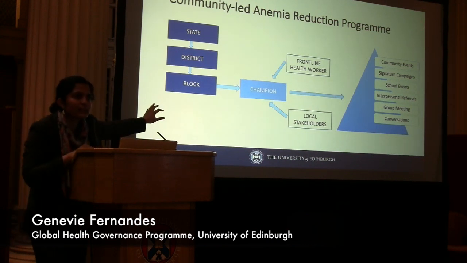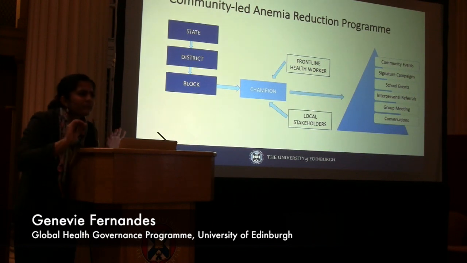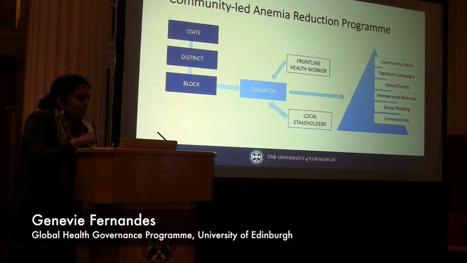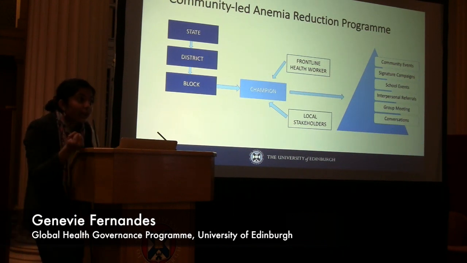So these local leaders were simple people from villages. They were teachers, sports coaches, barbers, tailors, grocery shop owners, could be anybody, as long as they had good communication skills, they had connections, they had social capital, and they were willing to spare some time.